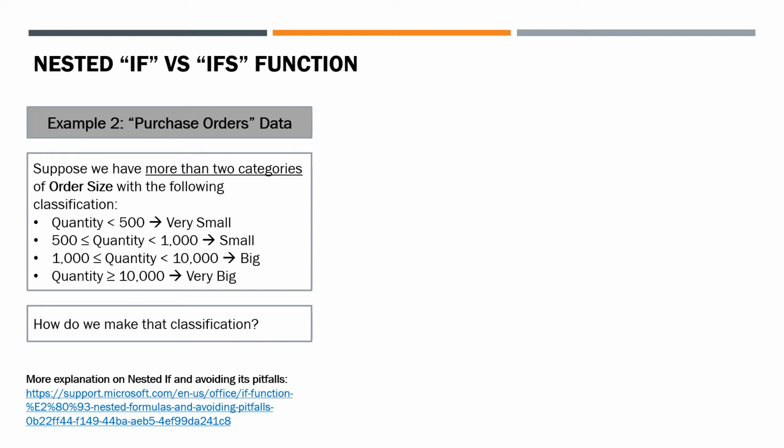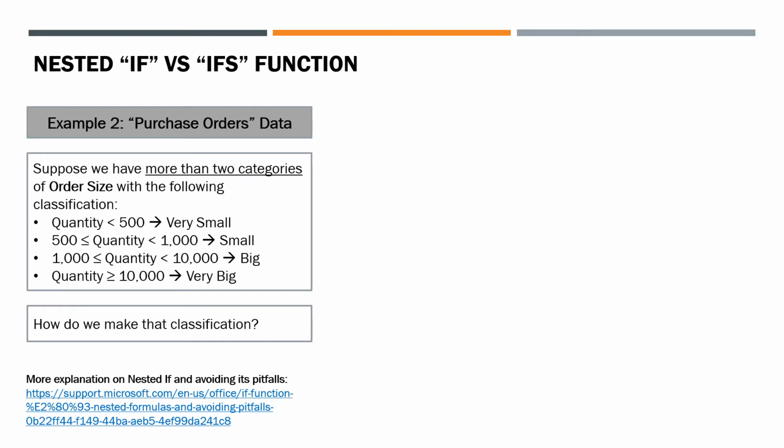If the quantity is less than 500, it is classified as very small. If the quantity ranges from 500 to 1000, it is considered a small order. If the quantity is from 1000 to 10,000, it is considered big. If the quantity is more than 10,000, it is considered very big.